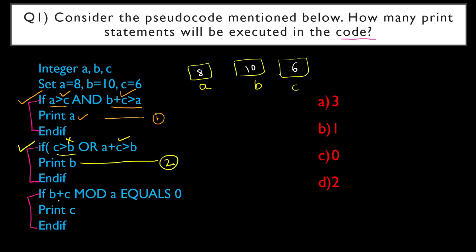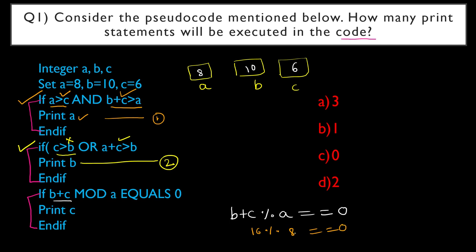Now come to this one. Here we have B plus C mod A, that is nothing but B plus C modulus of A equals 0. We are comparing here; this equals means comparison. What is the value of B plus C? The value of B plus C is 16, mod A, the value of A is 8, is equal to 0.